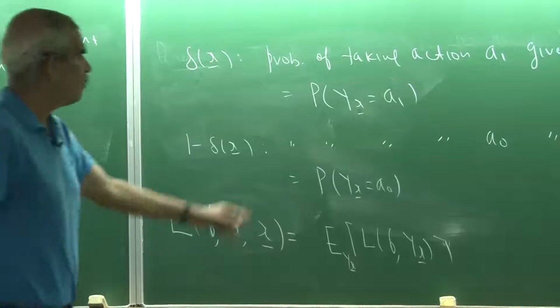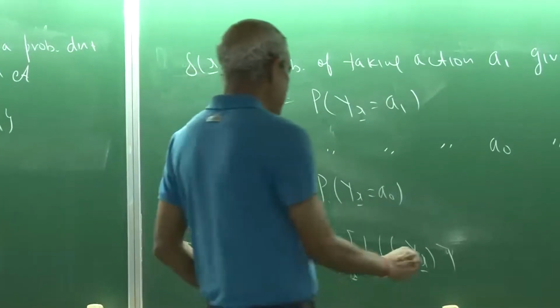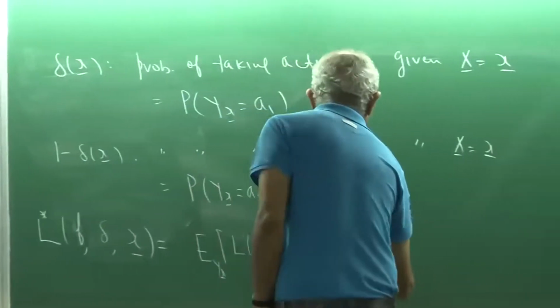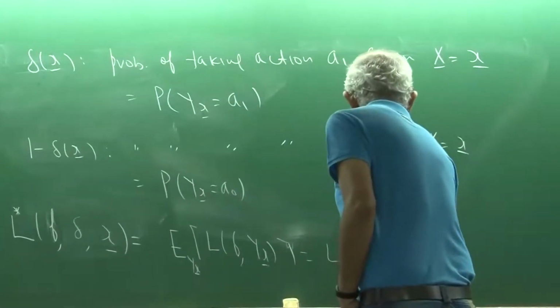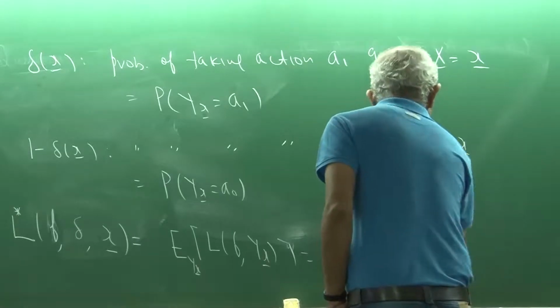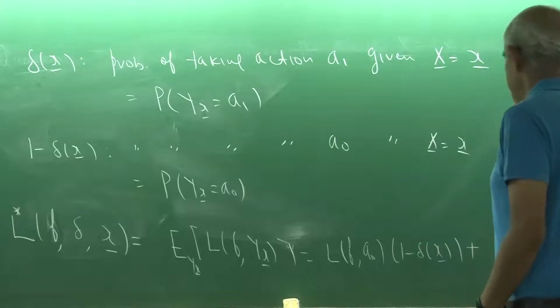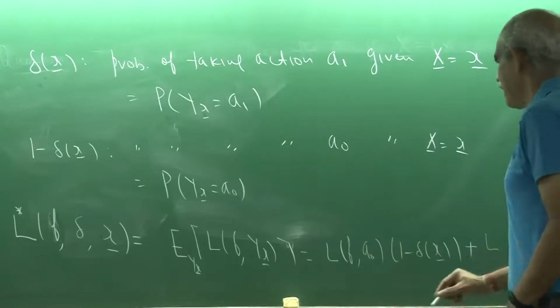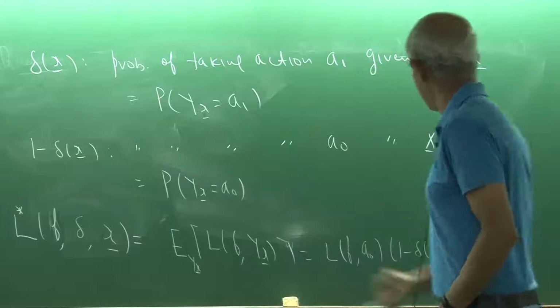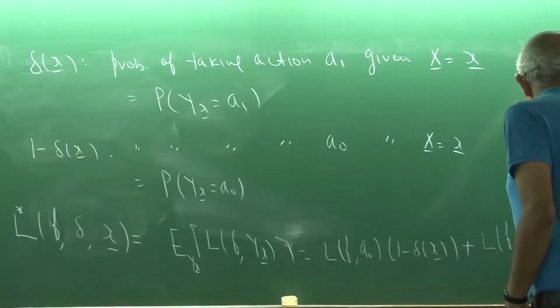And I know yx takes value a0 with probability 1 minus delta x. So this is the same as L f a0 times 1 minus delta x, plus L f a1 times delta x, since yx takes value a1 with probability delta x.